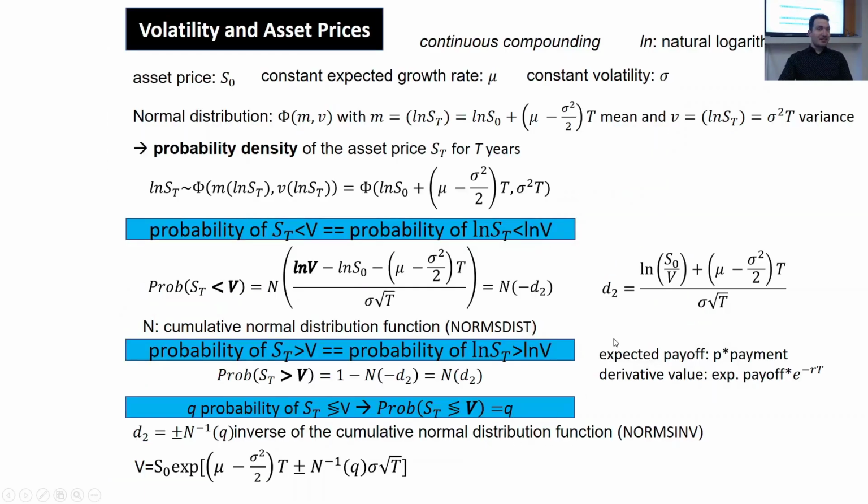And this is where the ugly things are starting to appear. First of all, we have the following setup. Continuous compounding will happen, luckily, because otherwise it would be completely ugly and disgusting. That's why we are using this. We are using natural logarithm because we have this feature here. If we have a threshold level, we would like to explore what is happening if the spot price at the t time point will be smaller than a value v.